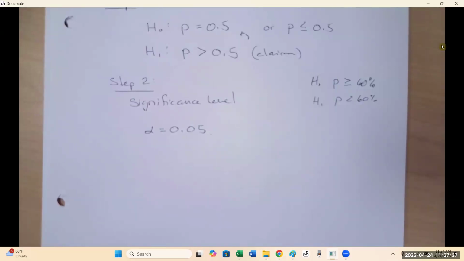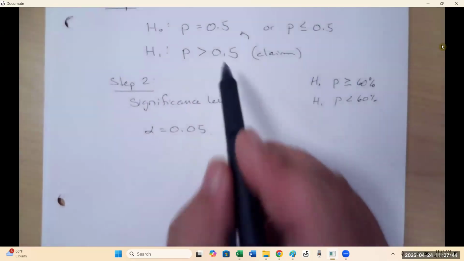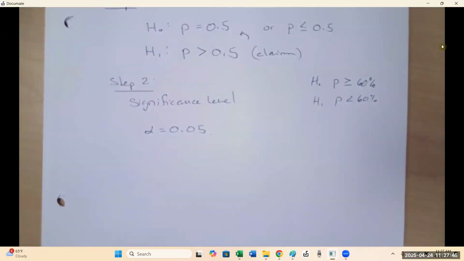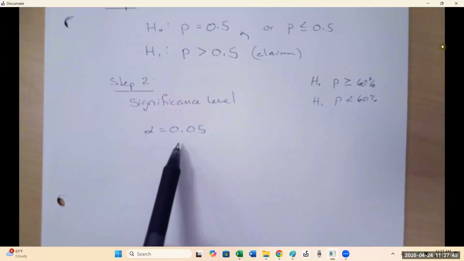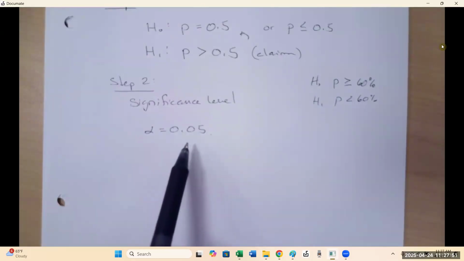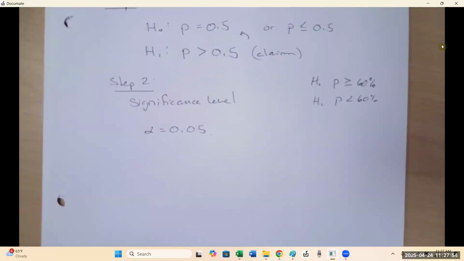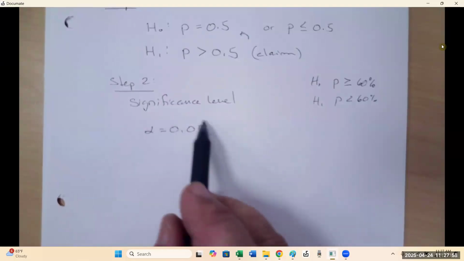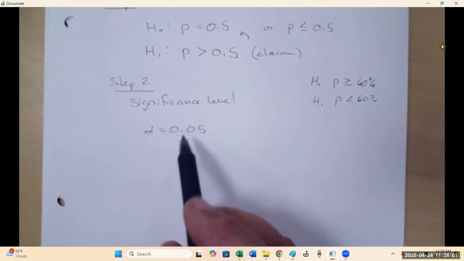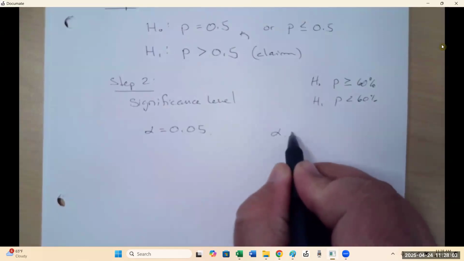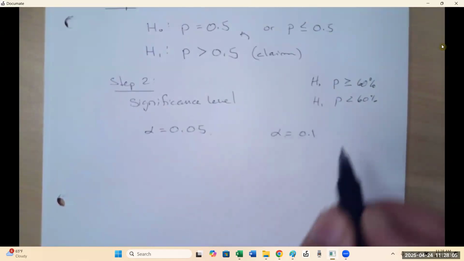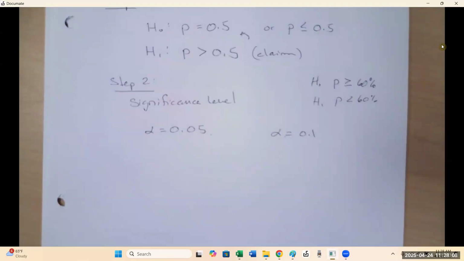If you're doing a statistical analysis and you use 0.05 and your answer doesn't support your claim, change your level of significance, make it bigger or smaller, and change it until it does, or you can go all the way up to 0.1, 10%.